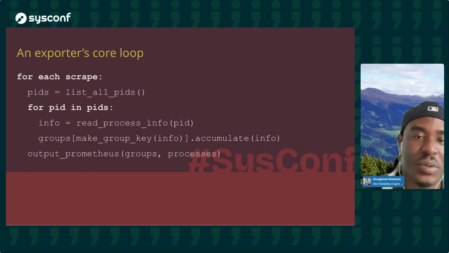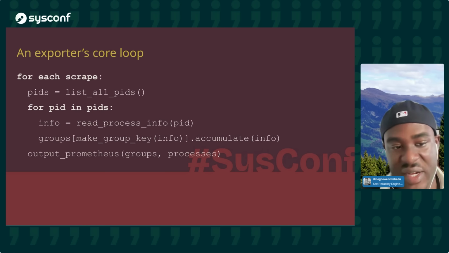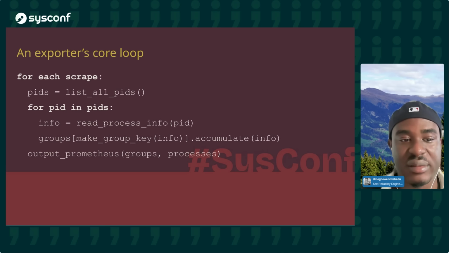So we could group all of these processes into one and say, hey, this is the total number of processes. This is the total of what Google Chrome is using, even though it has so many sub processes. So now, as a final step, we output this in the Prometheus format.